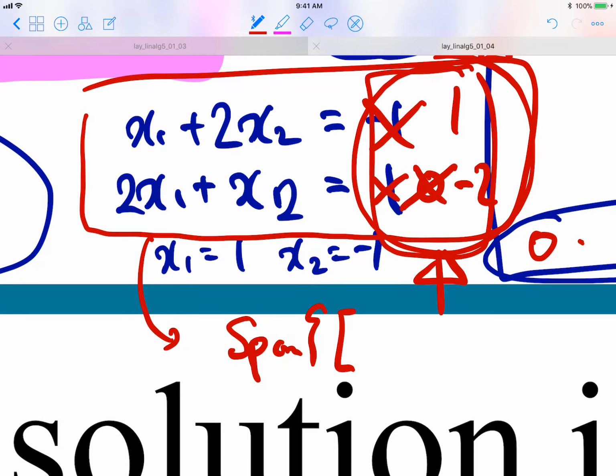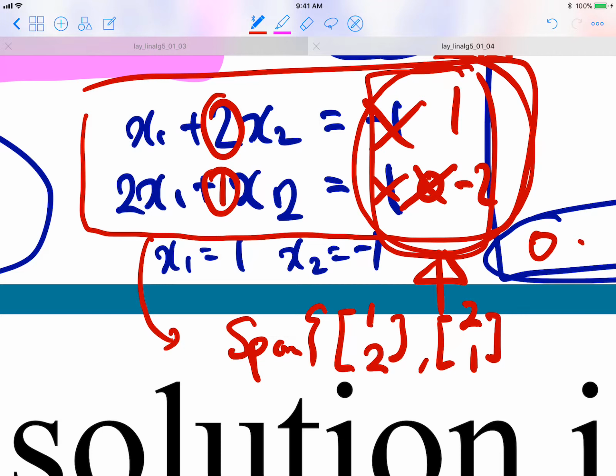It is (1, 2), coming from these two coefficients, and the other vector is (2, 1), which came from this one and this one. Let's consider the span of these two vectors. In which dimensional space are these two vectors living? These two vectors exist in two-dimensional space, not in three-dimensional space.